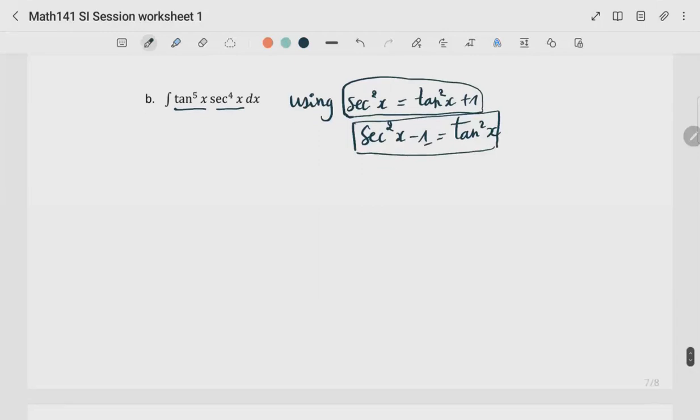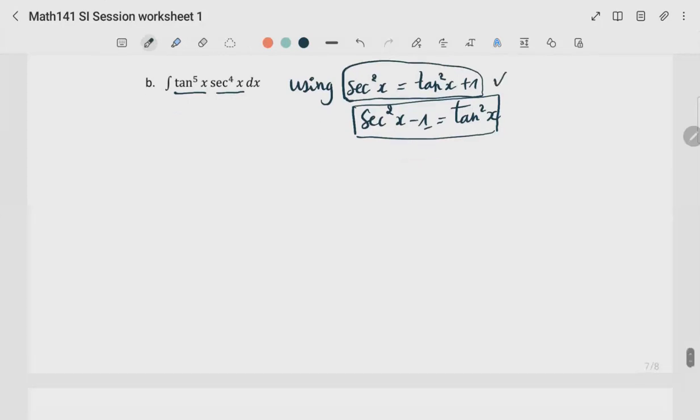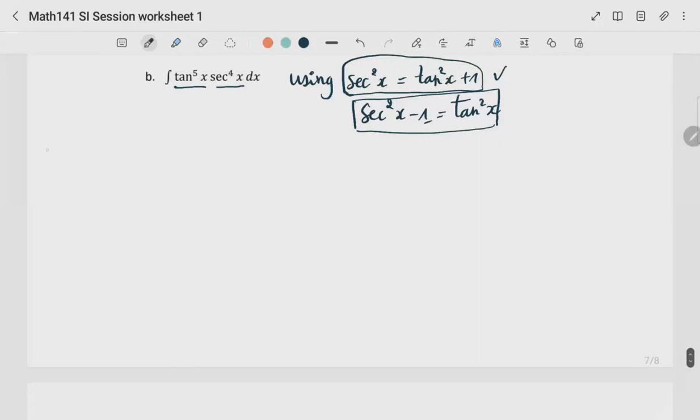So yeah, let's use the first one first. Using that substitution, we have tan to the 5x multiplied by tan squared x plus 1, multiplied by sec squared x dx, because we substituted one of the sec squared by the identity.